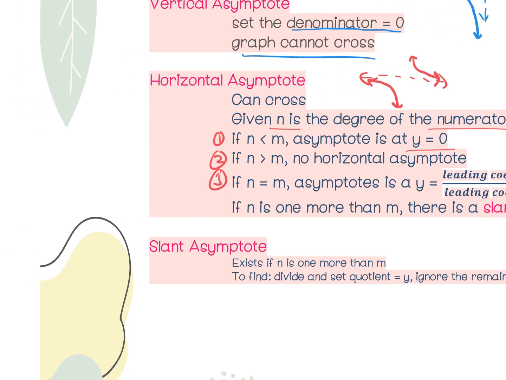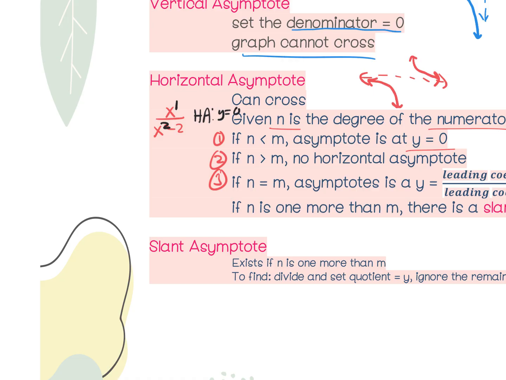For example, if I have x over x squared minus 2, the degree on top is 1, the degree on the bottom is 2. The degree on top is less than the degree on the bottom, so we have a horizontal asymptote at y equals 0. That's the only possibility for these particular kinds of functions.